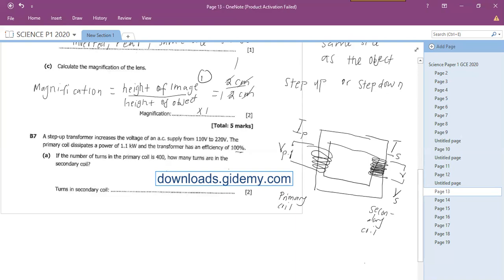So what's going to happen here, the more coils, the more power is going to be generated. If we complete the circuit, there will be a current that's going to pass through both the primary and the secondary coil.